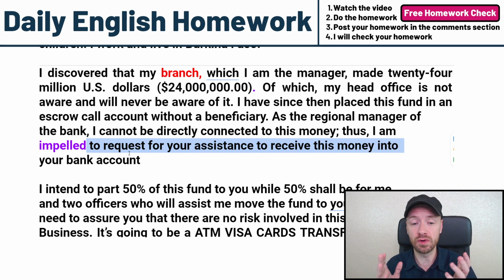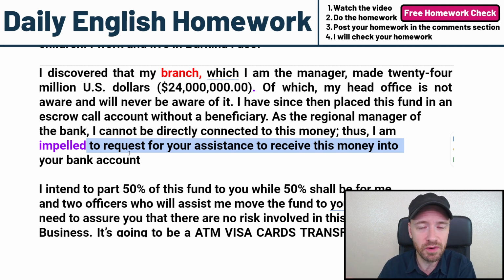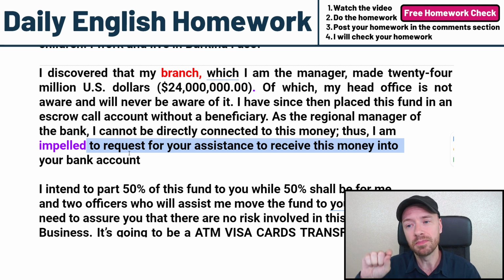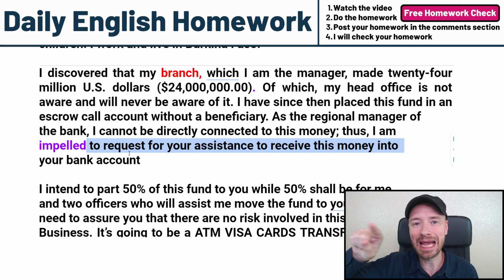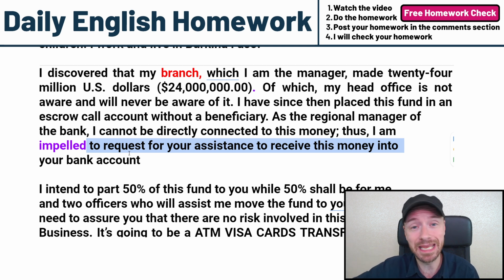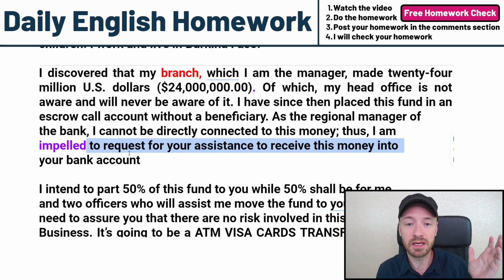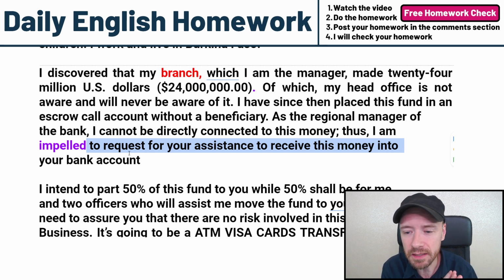All right, so he's explained it all now. He stole the money. He put it in the escrow account, the secret account, but that money has to have a beneficiary, someone who can take that money out of the account. He's choosing me to take that money out. Why? Because he's the bank manager. He cannot be directly connected with that money.